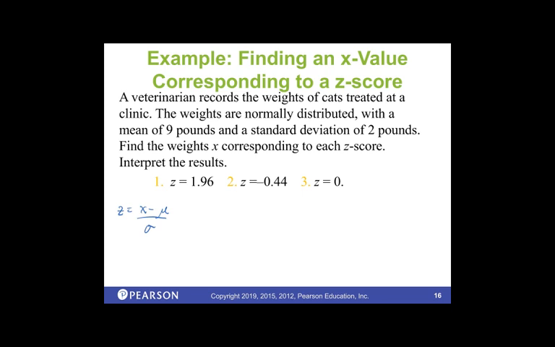So then you can just use algebra here. 1.96 equals x minus, what's our average here? X minus 9 divided by 2, right? So then ultimately, x is going to be 2 times 1.96 plus 9, which is the formula that you just saw. And we're going to do that for each one.